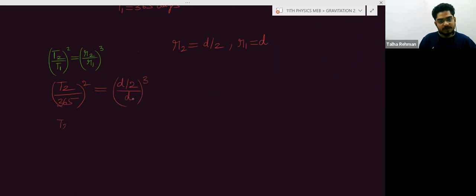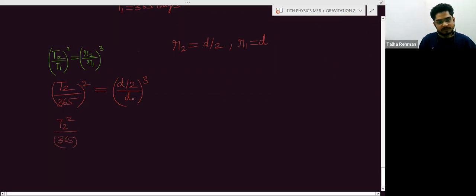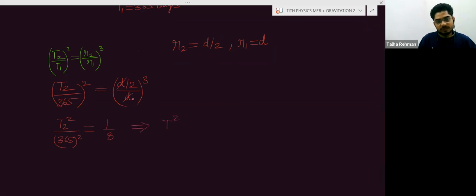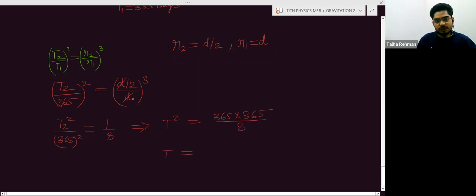So you will have T2 square over 365 square, and this is equal to d by 2d cubed, and d will cancel out. So what you will have? You will have 1 by 8. From here you will have T square is equal to 365 multiplied by 365 divided by 8. So from here you can get the value of T. T you will get 365 divided by 2 root 2. So you can multiply this with root 2 and root 2.